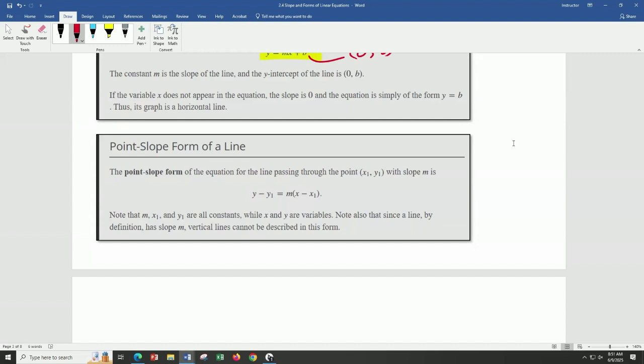With the slope m, and you got y minus y1 equals m times x minus x1. Note that m, x1, and y1 are all constants while x and y are the variables, okay? Note also that since a line by definition has slope, vertical lines cannot be described in this form, okay? Basically saying it'll still be undefined again, okay? You're going to get something that's undefined.